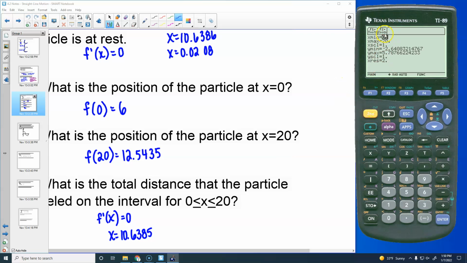I'm actually going to change this minimum to -1 so I can still see the y-axis, and I'm going to graph it again, because this graph actually does something funny here that's difficult to see.